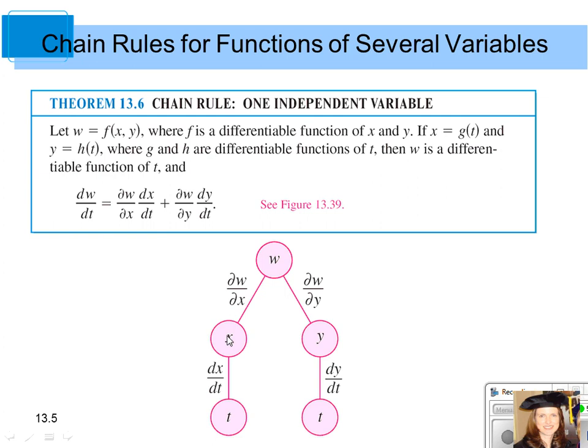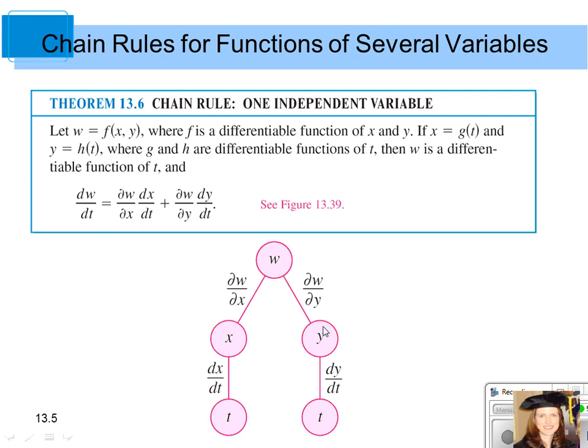If you multiply the branches starting from the top w to the bottom t, you multiply these branches together, and that's where you get this first part of the derivative equation. The partial of w with respect to x times the derivative of x with respect to t. And then follow along the branches on the right side.